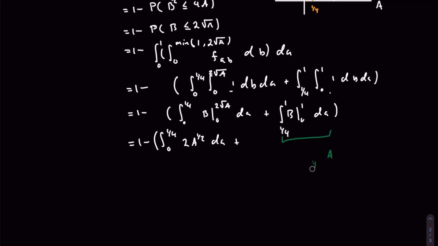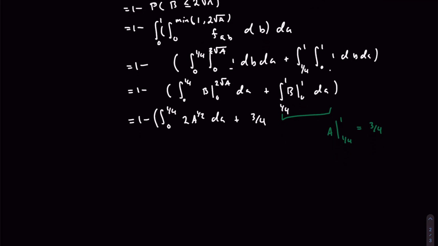So we have 1 here, and we take the integral of 1, that will be a, because we're doing it in the a direction. And we then have the region of integration is like so. So this will be 3/4. Right, so we have 3/4 here. Okay, that's good. So we're done with that.